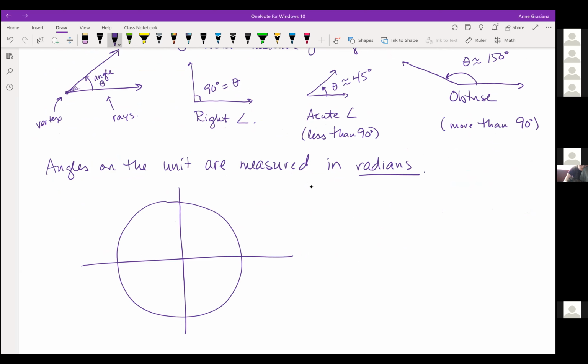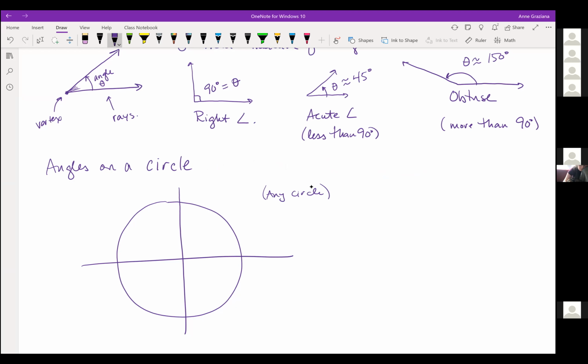All right, so on my circle, or this is on any circle, not necessarily my unit circle. Angles on a circle can be measured in radians. Let me adjust the sentence. I don't like it.